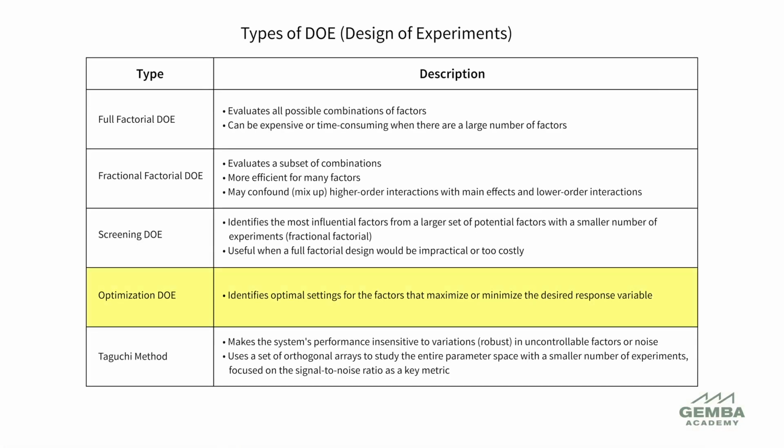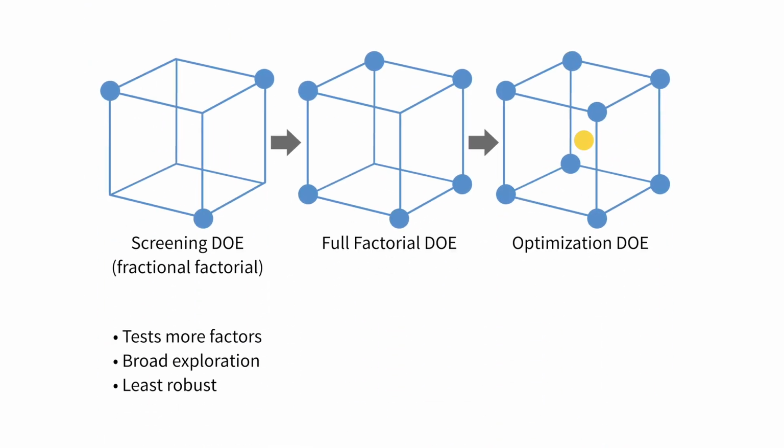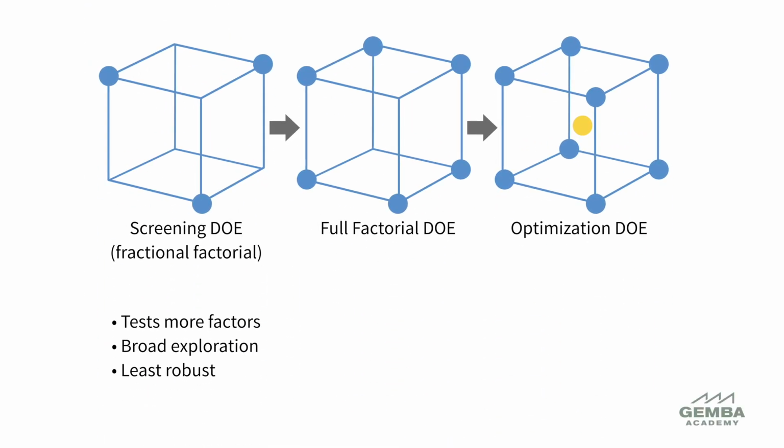The fourth type is the optimization DOE. These help us identify optimal factor settings in order to hit specific targets. Screening designs are efficient for identifying significant factors from a large set by testing the most factors with fewer experiments, focusing on breadth rather than depth.